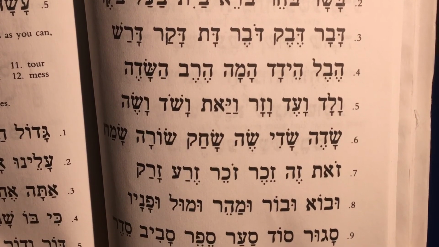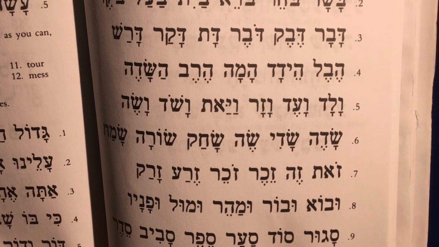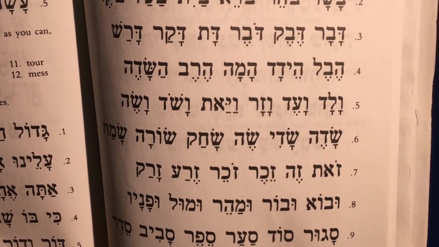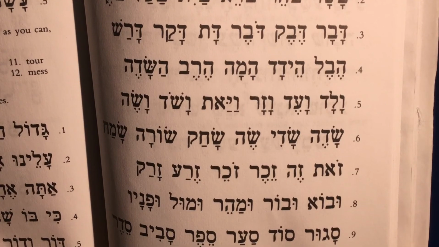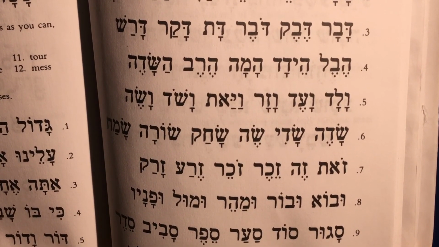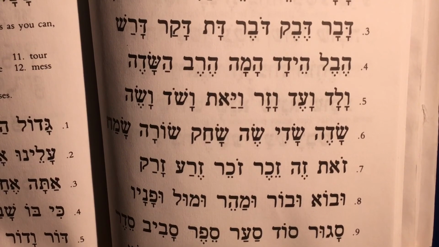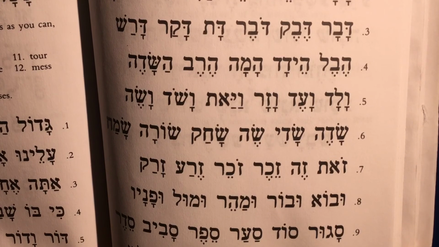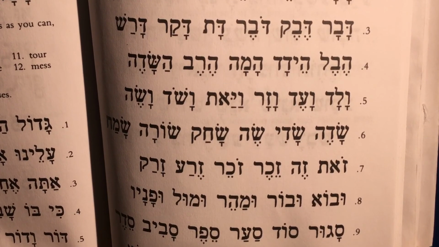Hebrew is a very abstract language, not cosmetic. Hebrew is about how something works. Not too concerned about what it looks like, but concerned about what it does and what you can get done.